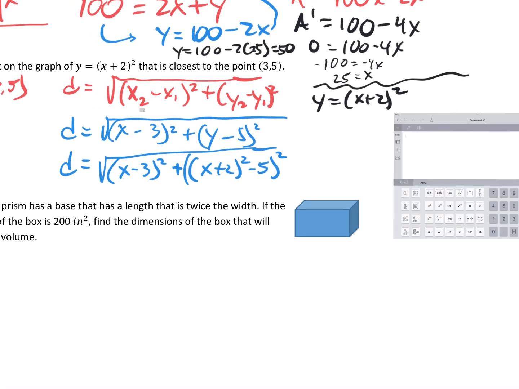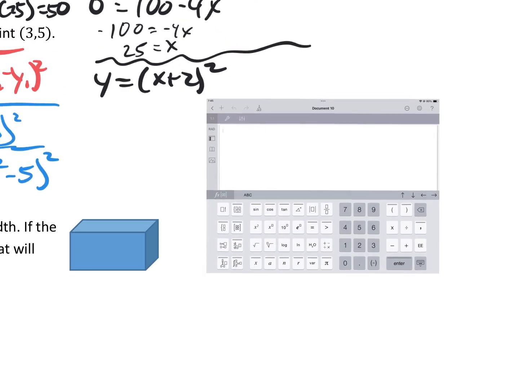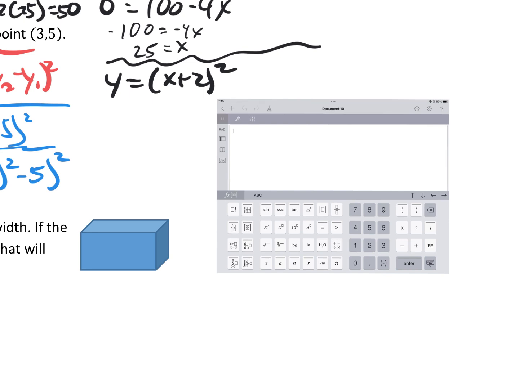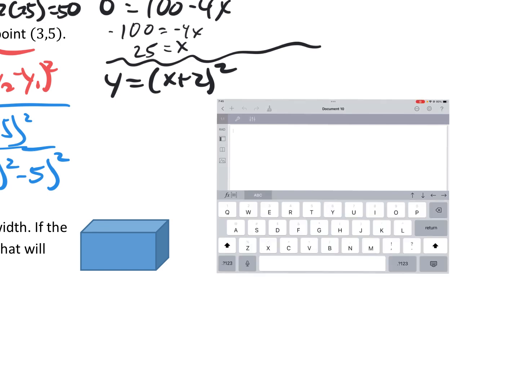So here we've got our calculator. Now this is on the app, so it looks a little different, but it's the same idea as your calculator.